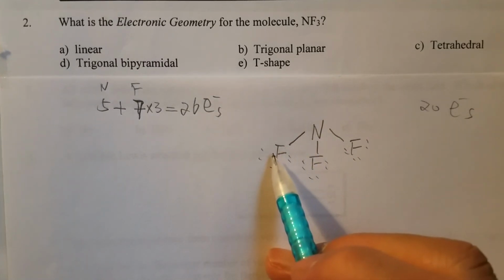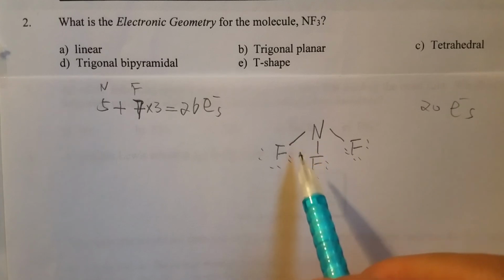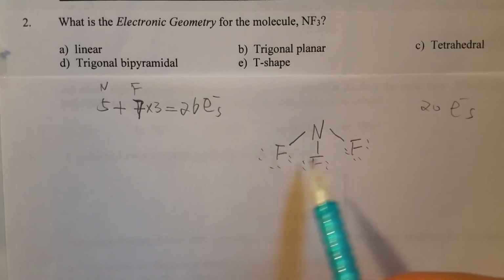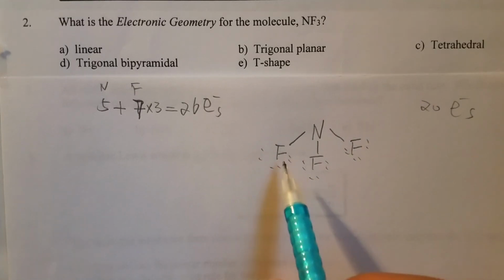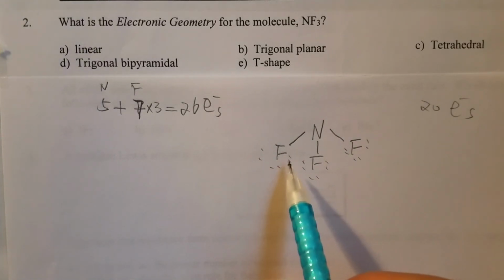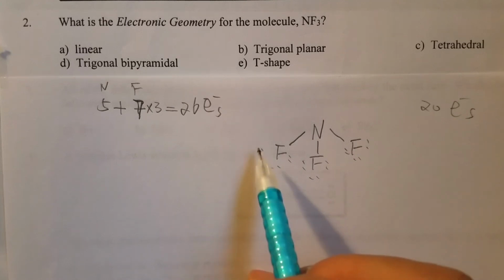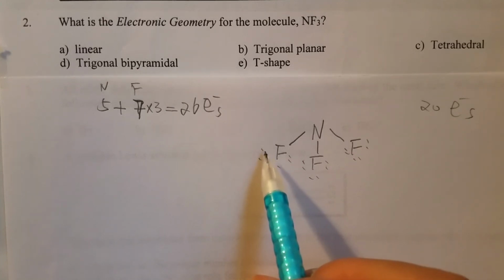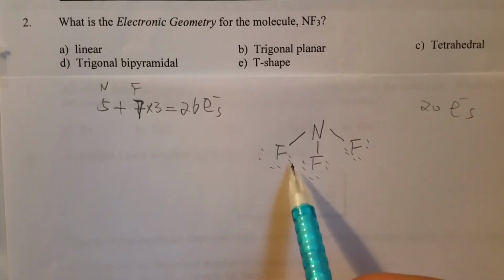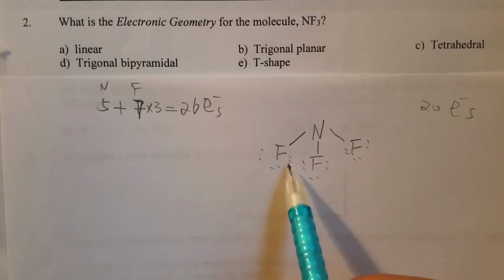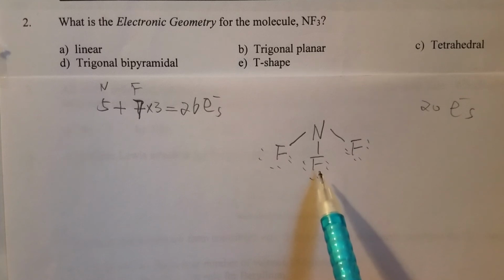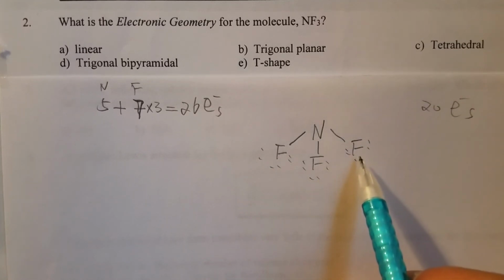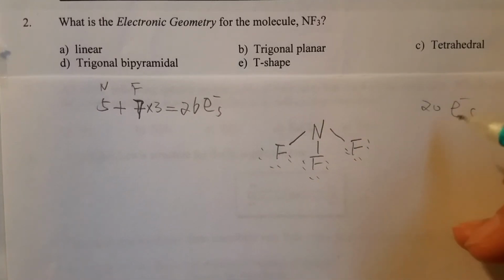Let's count the total number. We have 20 remaining, but let's see how many lone pairs we assigned so far. That's 1, 2, 3 lone pairs, which translates into 6 electrons. Then 3 times 6 is 18 electrons.